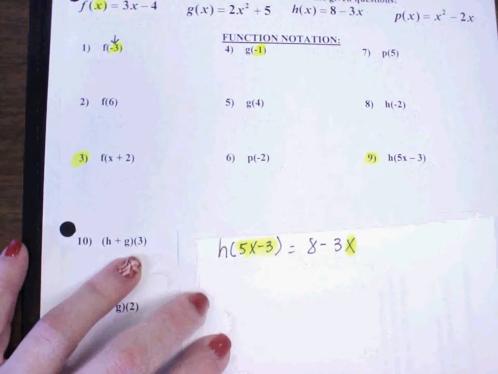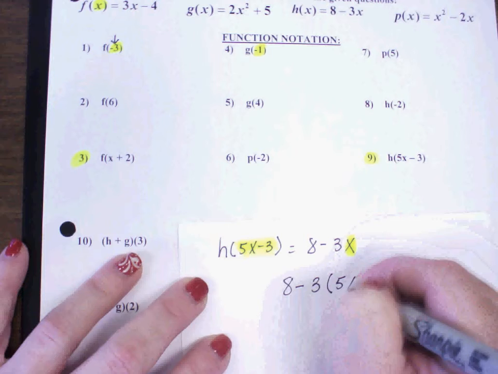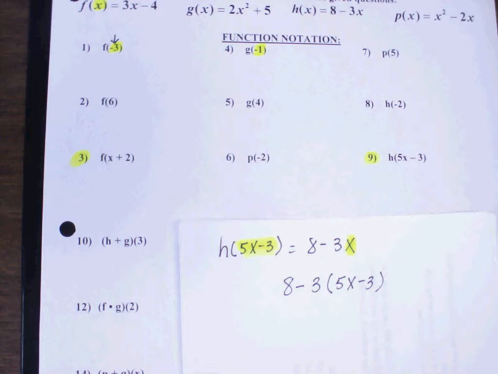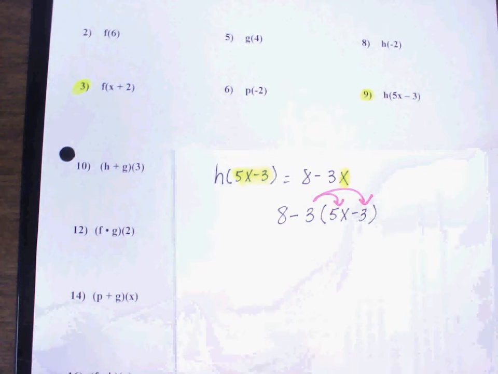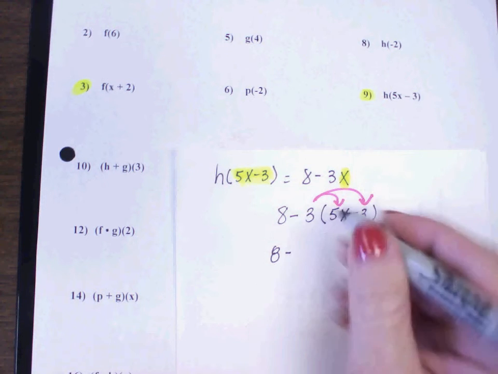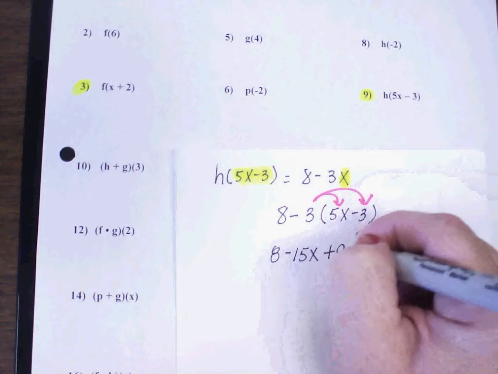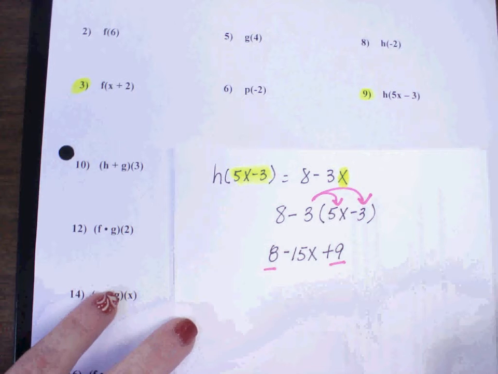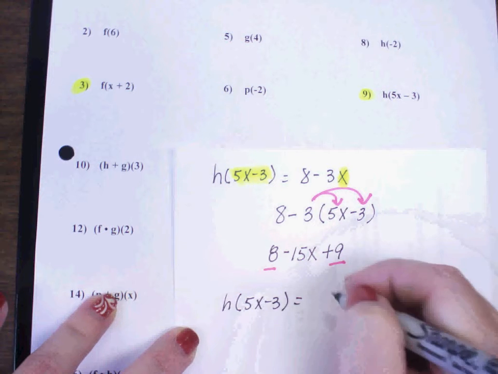What's negative 3 times 5x? Very good. And what's negative 3 times negative 3? And then what can we do with that and that? Add it up. Yeah, they're numbers. You can add them up. So h of 5x minus 3 equals what? 17. Thank you. Minus 15x. And that's my answer. Yay? All right, let's do number 10.